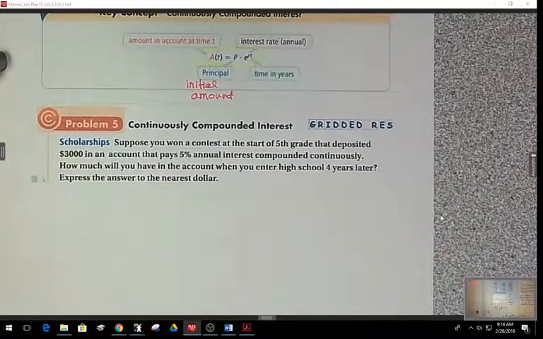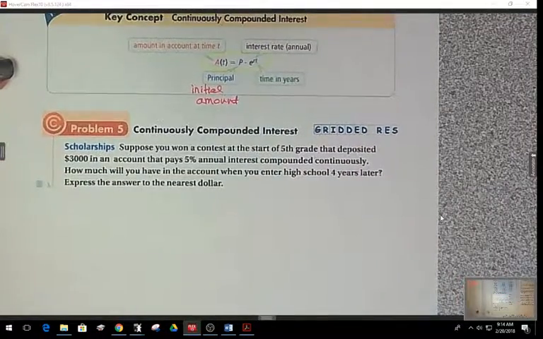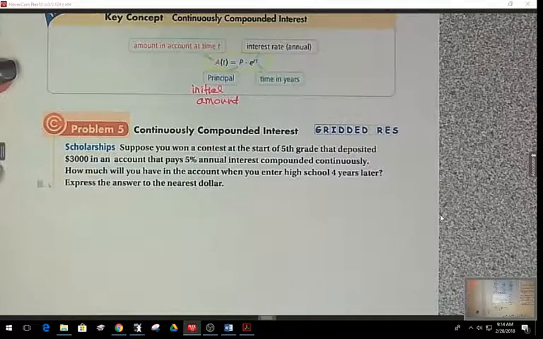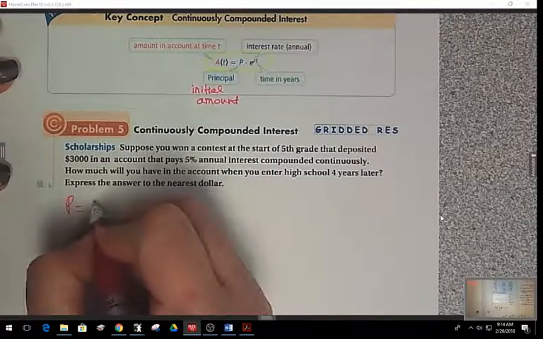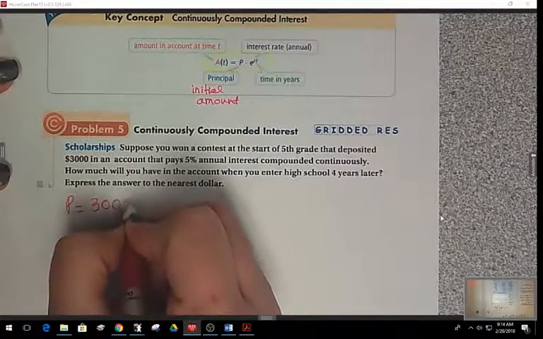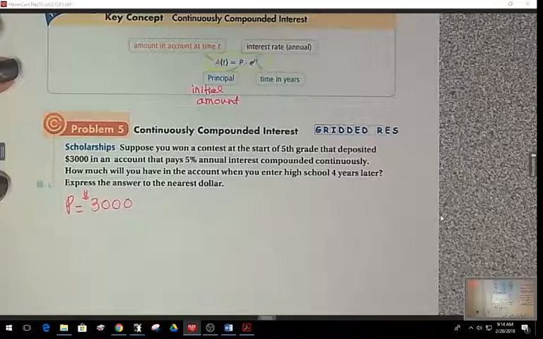So for this problem, it says, suppose you won a contest at the start of 5th grade that deposited $3,000 in an account that pays 5% annual interest compounded continuously. So here's what I know. I know that I started with $3,000. So the principal amount is $3,000.